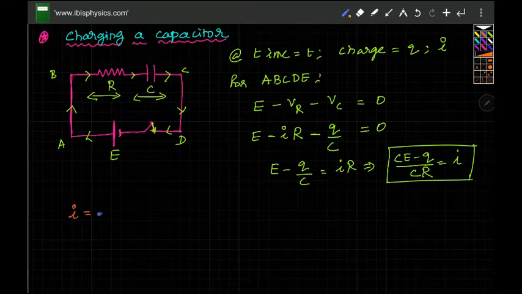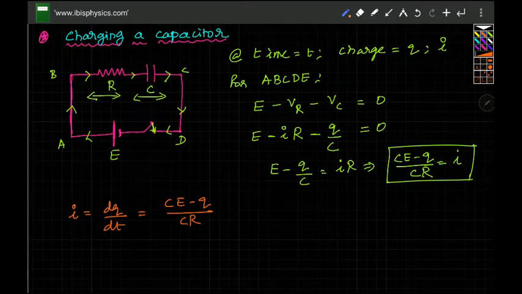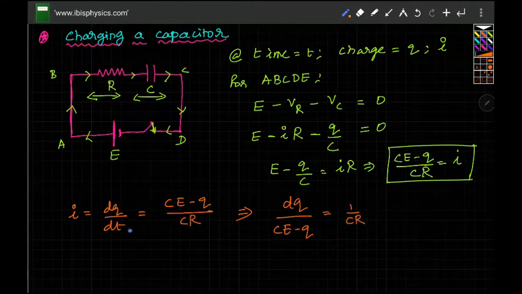Then dq by dt equals (CE minus q) by CR. Let us rearrange this. dq by (CE minus q) equals 1 by CR times dt.